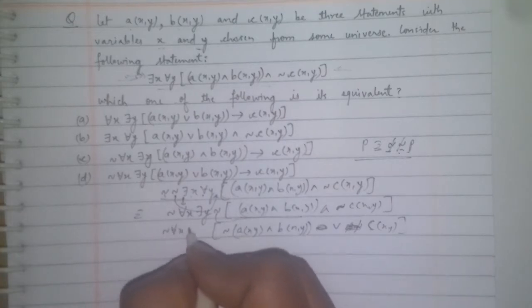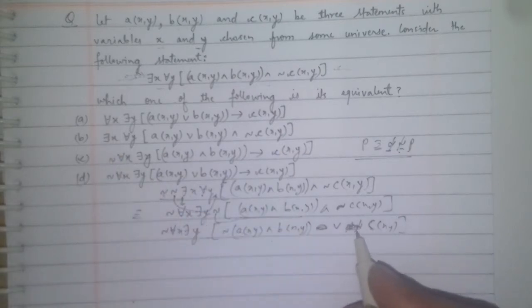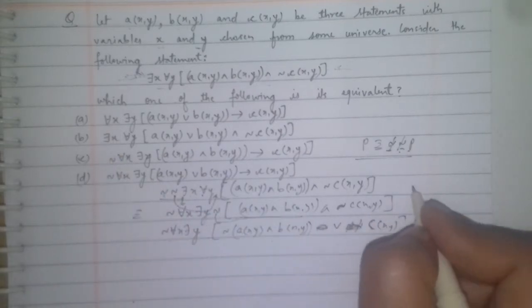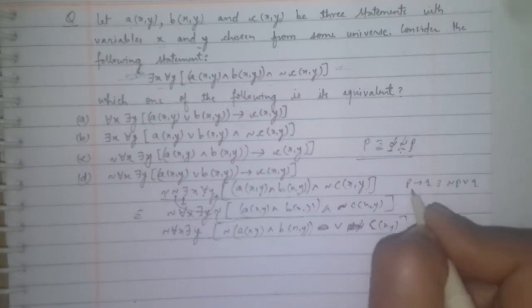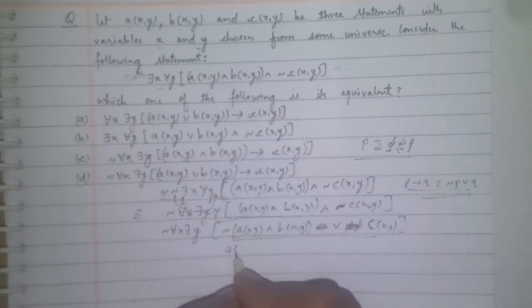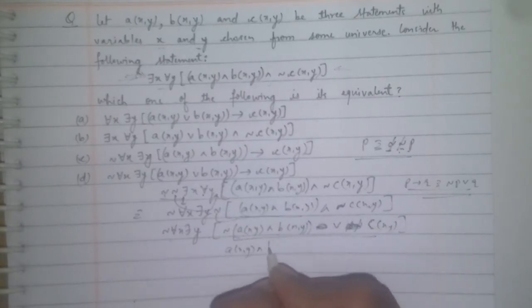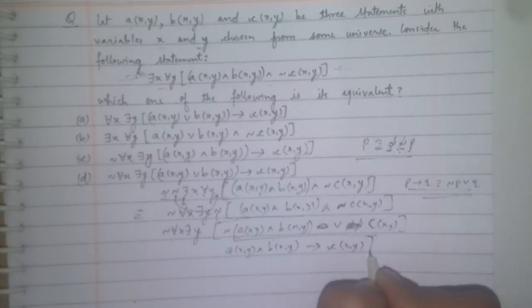Not for every x, for every y. While solving, we will also look at which option it is nearer to. See, p implies q is equal to not p or q. Using this formula here, we can write A(x,y) and B(x,y) imply C(x,y).